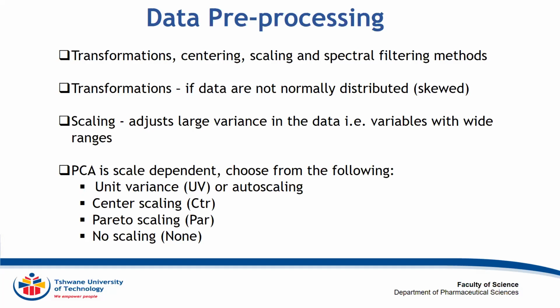There are different scaling methods, and selecting the best method is not an easy task. However, there are some methods that most researchers will probably attest to their efficacy. So we have unit variance scaling, center scaling, Pareto scaling, and no scaling. Those are the 4 common ones.